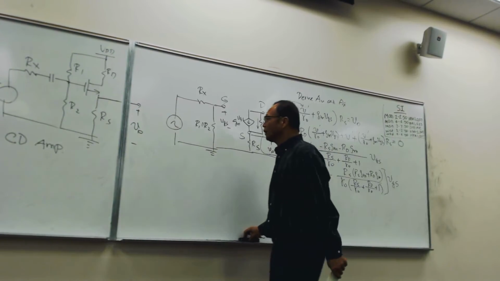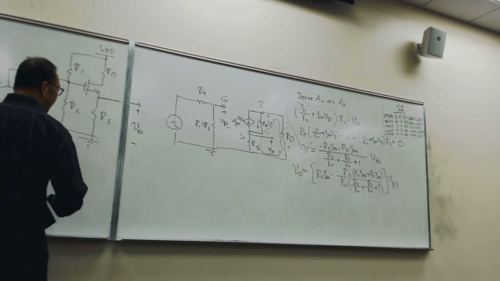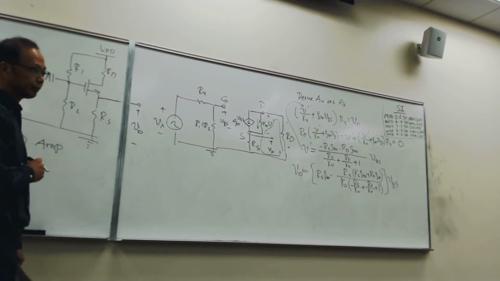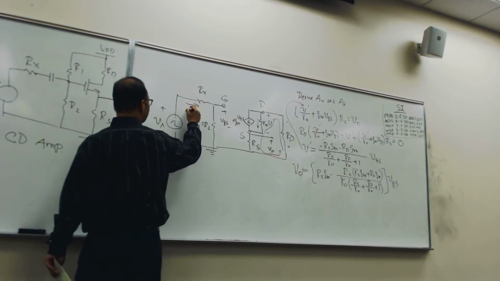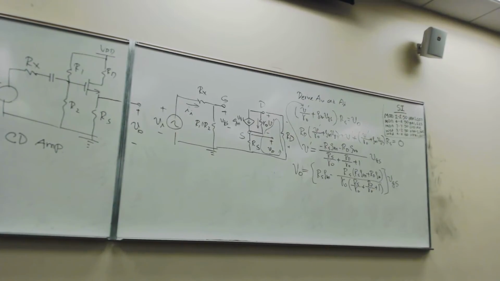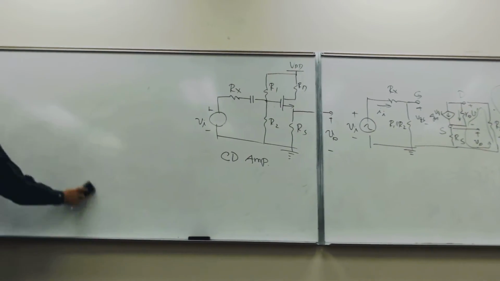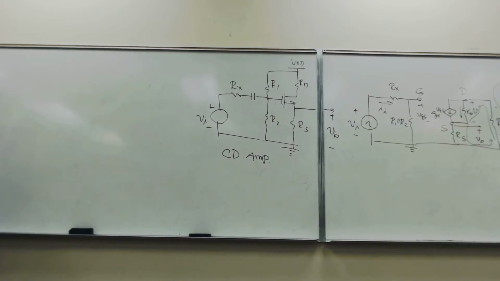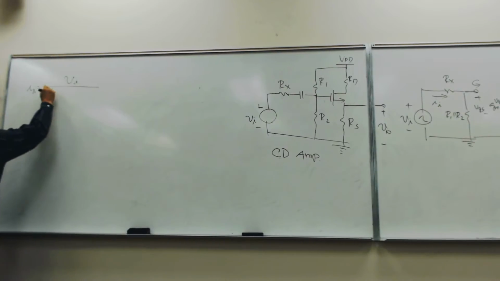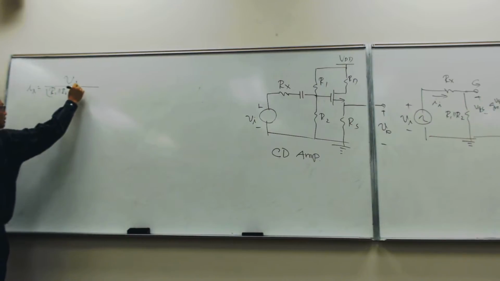Okay. Now let's see if we can find V sub I as a function of VGS. Yes? Okay, so let's call the current I sub I, right? So you know I sub I should be equal to V sub I over R1 in parallel with R2 plus R sub X, correct?